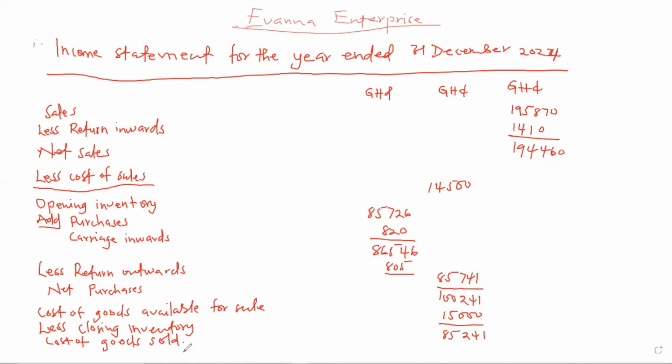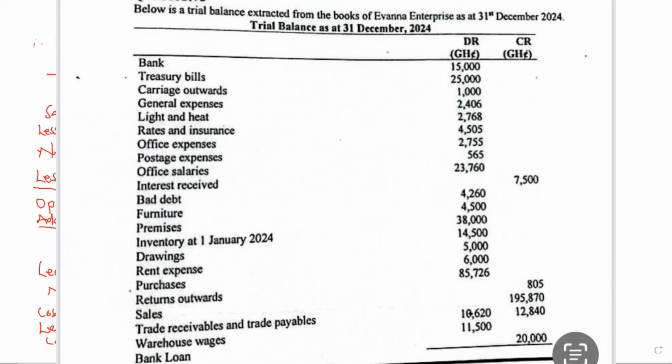But when you look at the question, we have warehouse wages. One thing you have to know is, when it comes to preparation of final accounts of a sole proprietor, when you have wages only, we treat it in the trading account. But when it is wages and salaries, then we treat it in the P&L account as operating expenses.